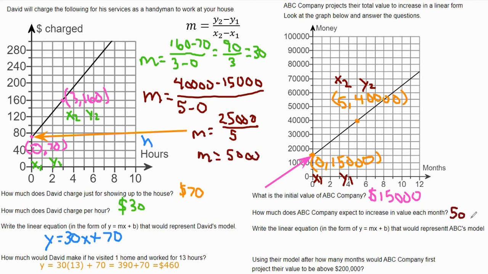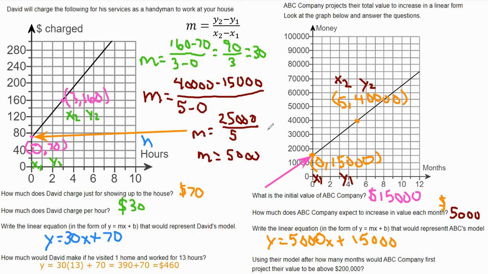So that would be our slope, or the letter m in y equals mx plus b. Writing an equation in the form of y equals mx plus b that would represent ABC's model, we're going to have y equals the slope, which is 5,000, still say x, and the initial value, the b, is 15,000.